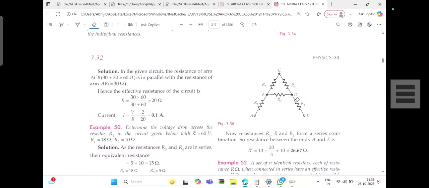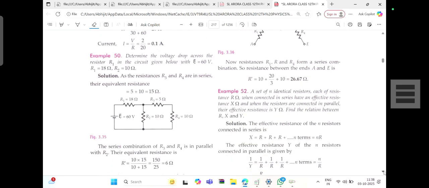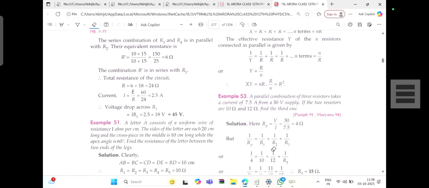It says that the letter A consists of uniform wire of resistance 1 ohm per centimeter.